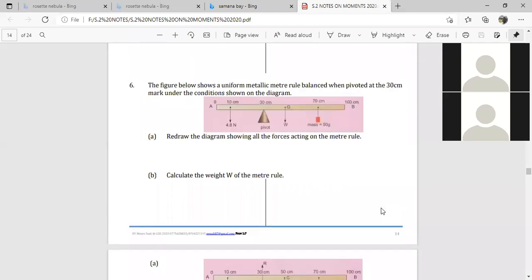Salim. The figure below shows a uniform meter rule balanced when pivoted at the 30 centimeter mark under the conditions shown in the diagram.